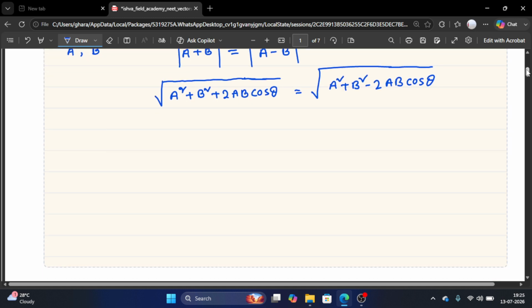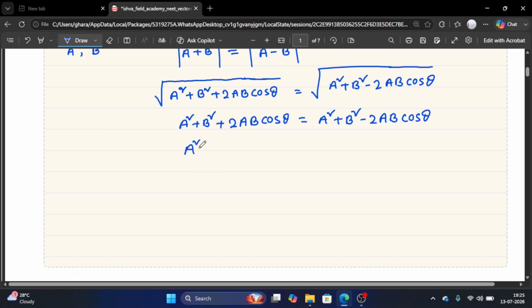Now squaring both sides, what do I get? I get A square plus B square plus 2AB cos theta, equal to A square plus B square minus 2AB cos theta. What do I do now?